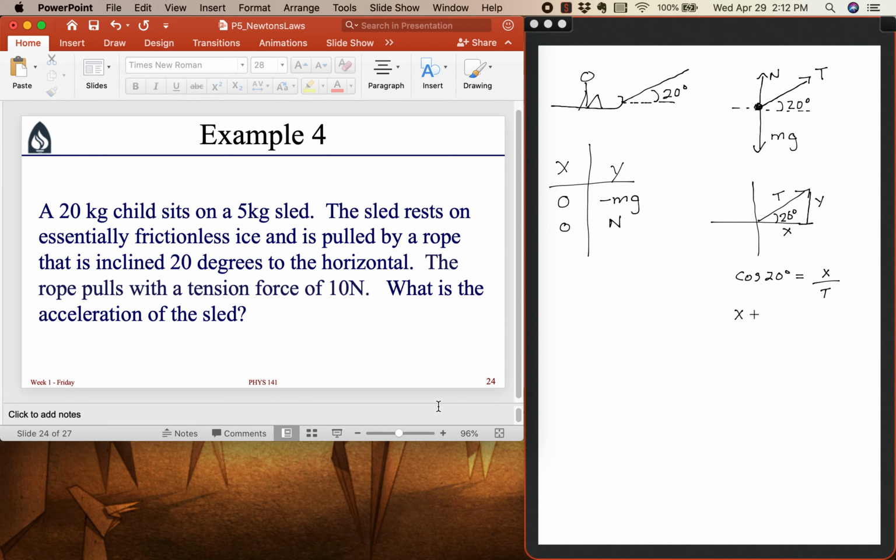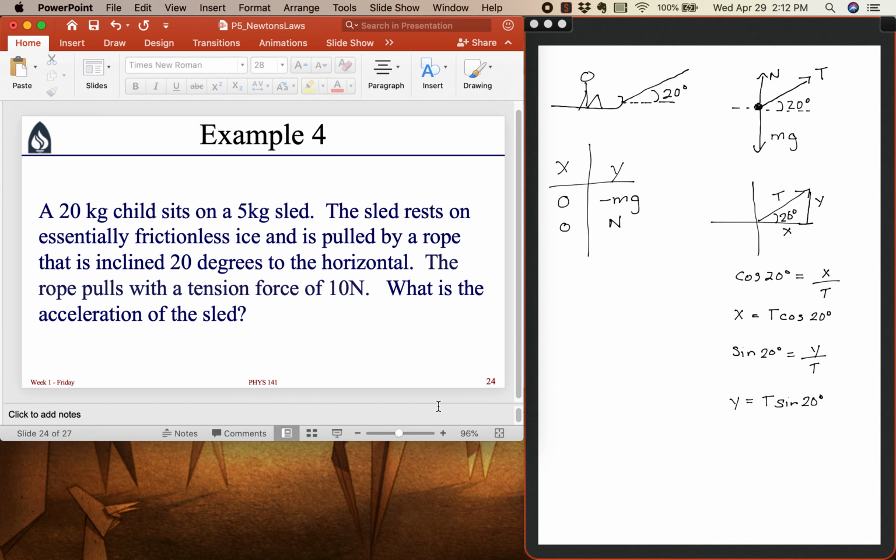So the x component is equal to the tension force times the cosine of 20 degrees. And then if I do the similar thing with the sine of 20 degrees, the sine of 20 is opposite, which is the y component over the hypotenuse. So the y component is going to be equal to the tension times the sine of 20 degrees.